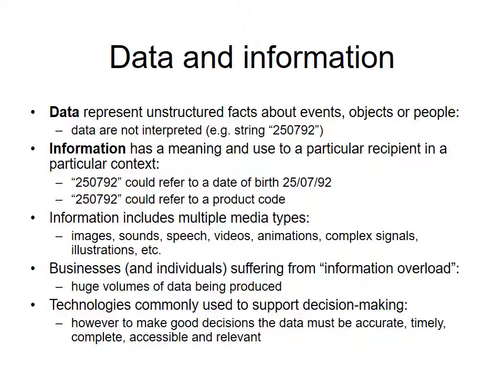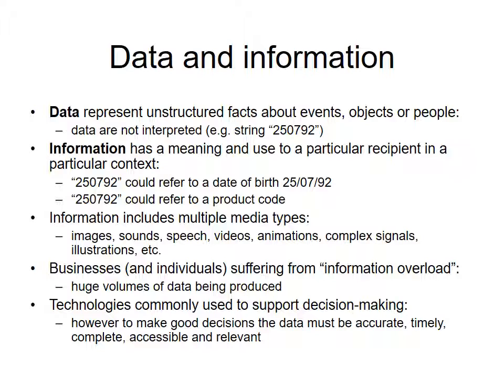So just to summarize, data represent unstructured data. Data is something that is not being contextualized, and it's not interpreted, so it's difficult to put into some context of any type. For example, here I'm giving you this numeric string 250792.